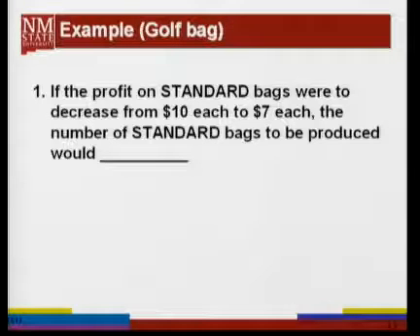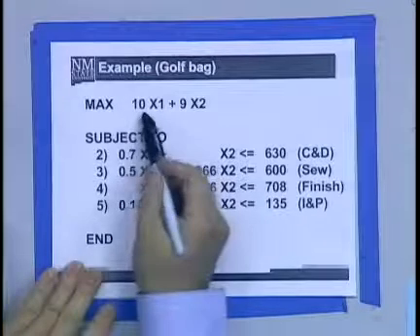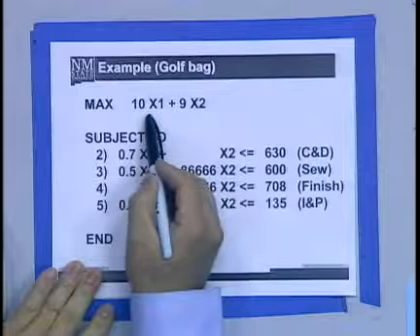So what Lindo output do we need to use to answer this question? Objective coefficient ranges, right? Okay. So the unit profit of a standard bag has decreased from $10 to $7, right?